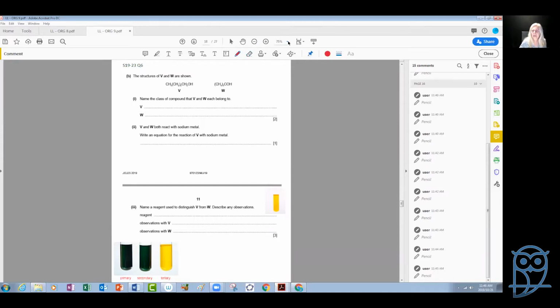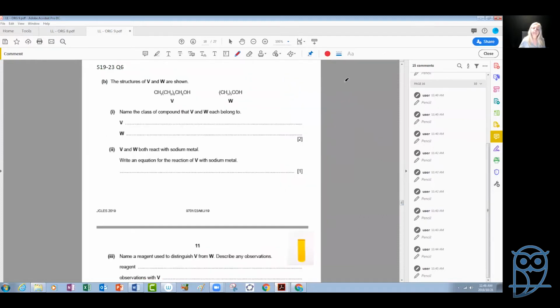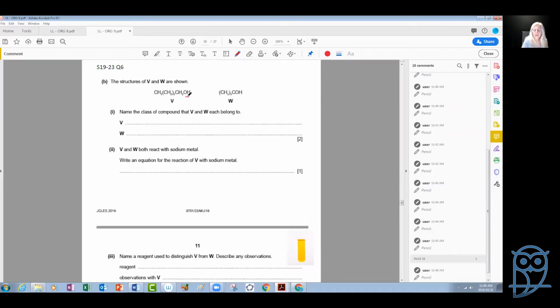Here the hydroxyl group is connected to the last carbon, as you can see. You see 1, 2, 3, 4 carbons, with the hydrogens, 1, 2, 3. So this is actually V.